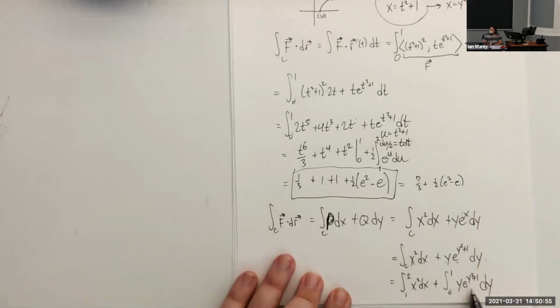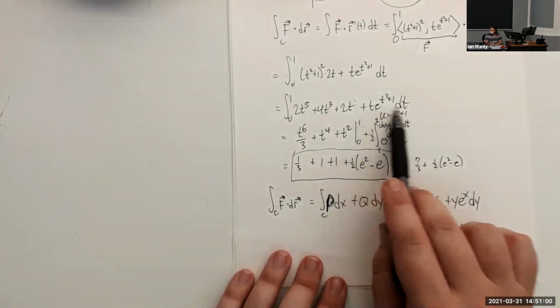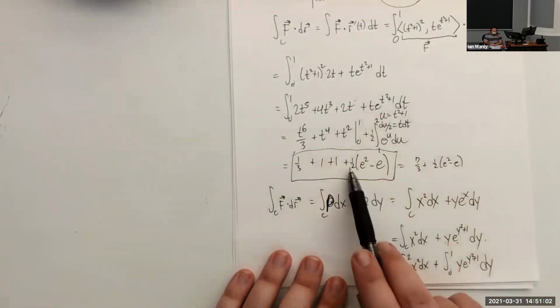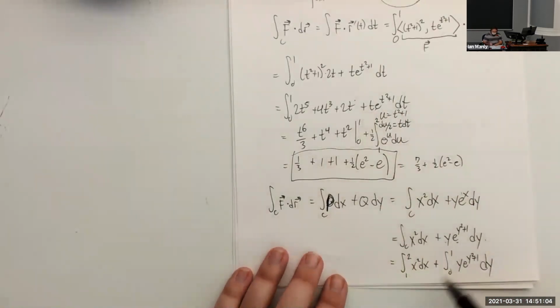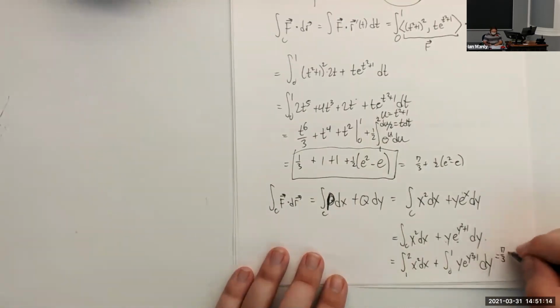This part should look familiar. This is literally the same integral that we had back here with t's right here. So we know how the 1/2 e squared minus e will show up. And then this part right here, if we do this, we're going to have 8/3 minus 1/3, giving us 7/3. So this will actually give us the same answer, 7/3 plus 1/2 e squared minus e.